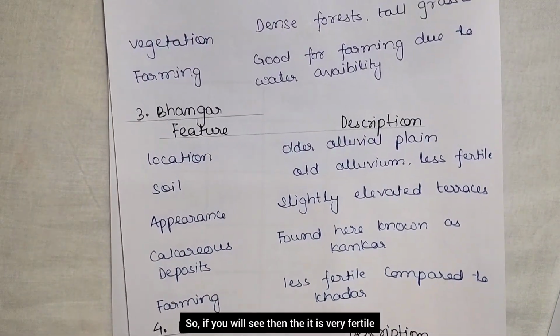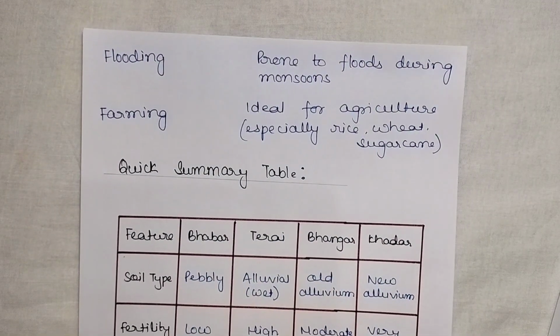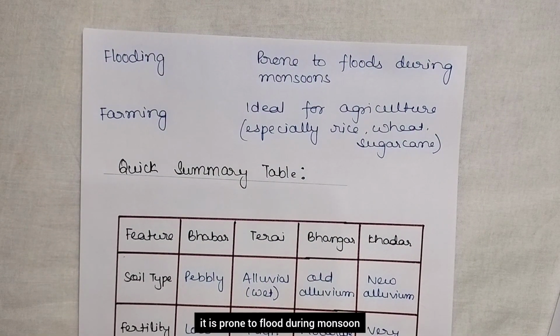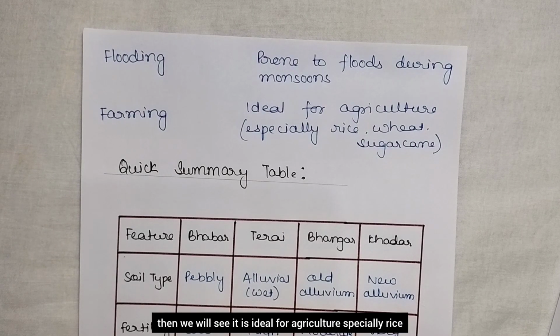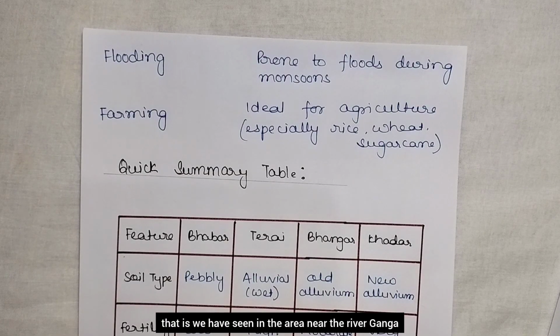However, it is prone to flood during monsoon. And if we talk about farming, it is ideal for agriculture, especially rice, wheat and sugarcane. So these are the four landforms of the Indo-Gangetic area, which we have seen in the area near the rivers Ganga, Indus and Brahmaputra.